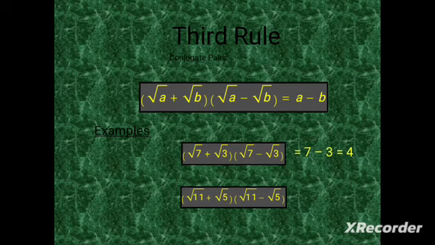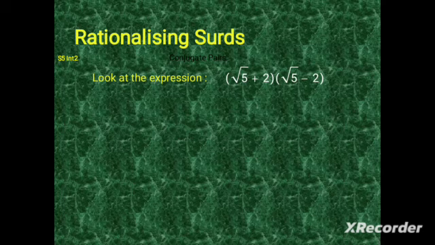Now, number 2, root 11 plus root 5, another one, root 11 minus root 5. They sound the same, but it's only the signs. Now, the answer there is 11 minus 5, and that gives us 6. Now, look at the expression.